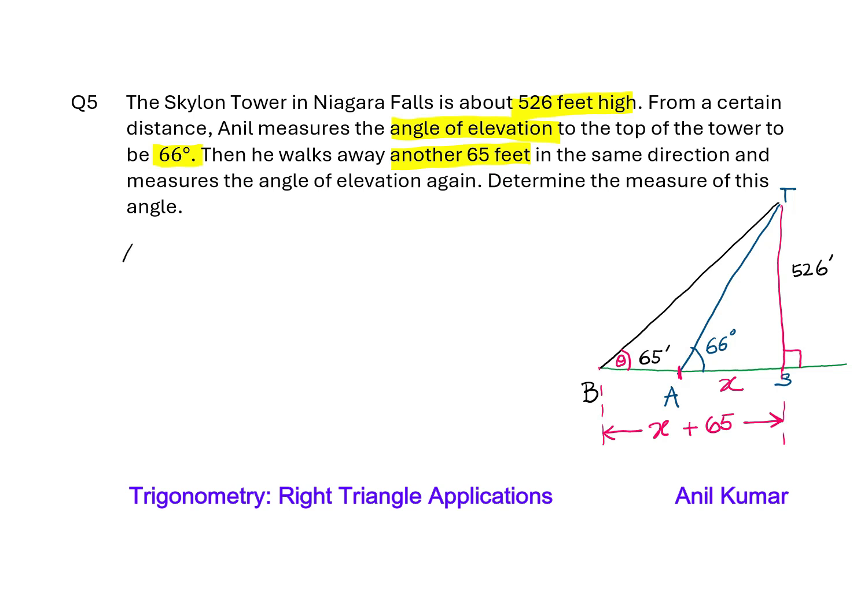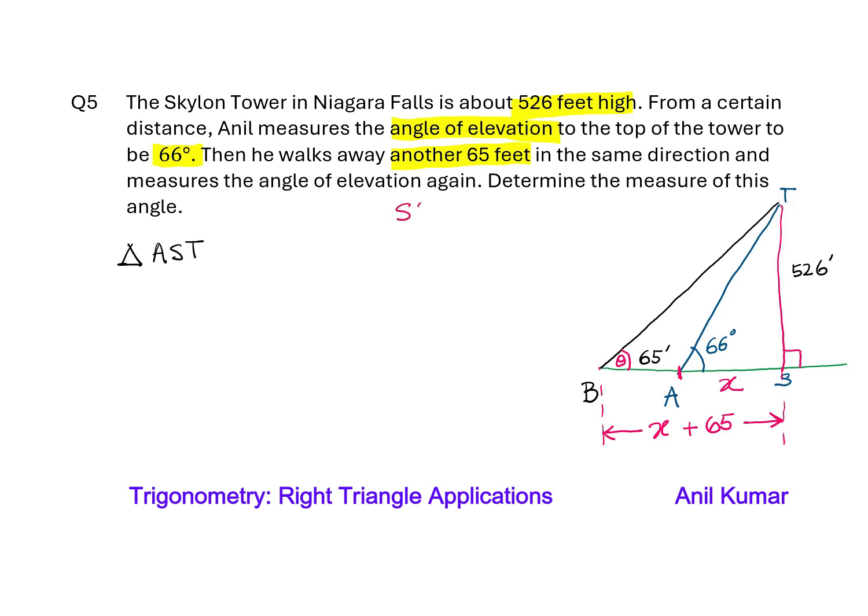So first, in the triangle AST, we are looking at the angle, and from the angle we are looking at the opposite and adjacent sides, right? So we can use the tan ratio, since you know SOHCAHTOA.